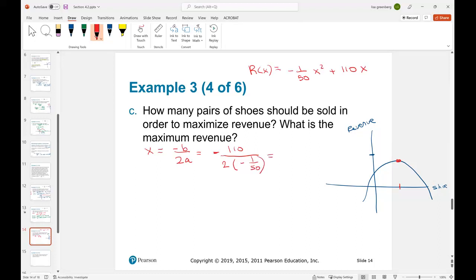The negatives are going to cancel. This becomes negative 110 over, I'm sorry, I didn't cancel a negative, so I'll just keep the negatives for now. 2 over 50 is the same as 1 over 25. Now we're going to say the negatives cancel. So we have a fraction over a fraction. So we say this is 110, keep, change, flip.